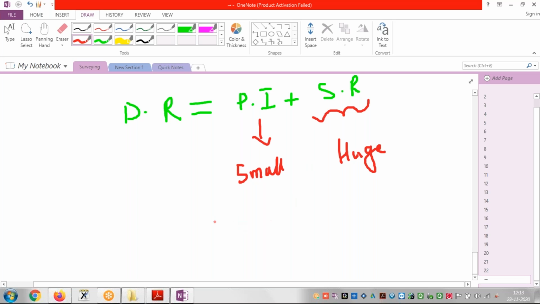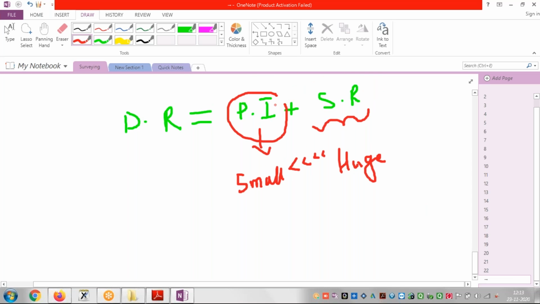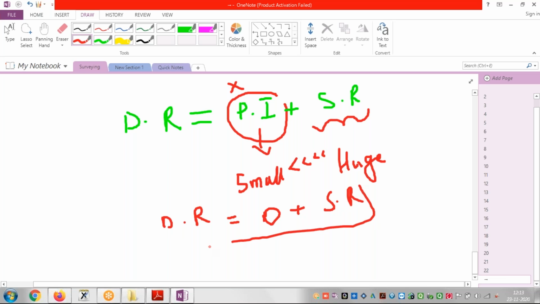So we can say that since prompt interflow is very small and surface runoff is very huge, this prompt interflow can be neglected. Means I will say that this prompt interflow is almost equal to zero, plus this surface runoff will be very high, so we can say that this direct runoff is equal to surface runoff, right?